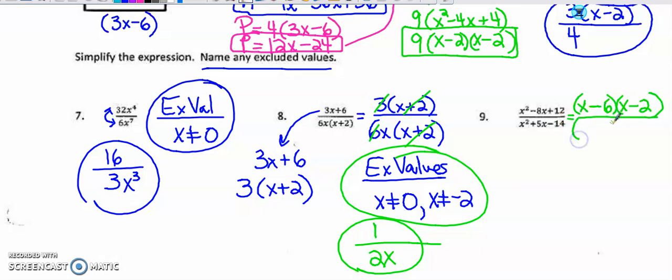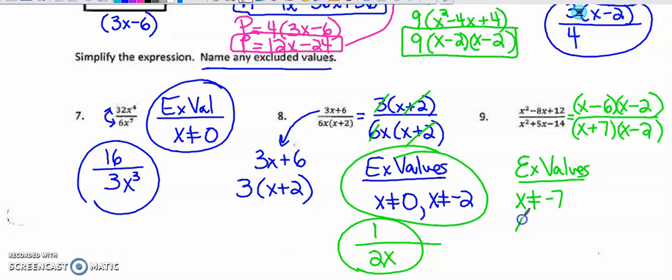The denominator, 14. The last term is negative. This has to be plus and minus. You have to have positive 7 minus 2. Your excluded values: x cannot equal negative 7 and x cannot equal 2.